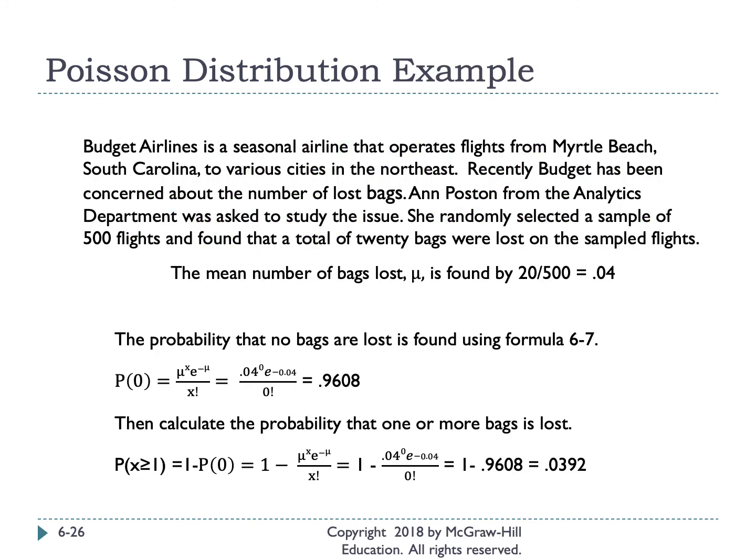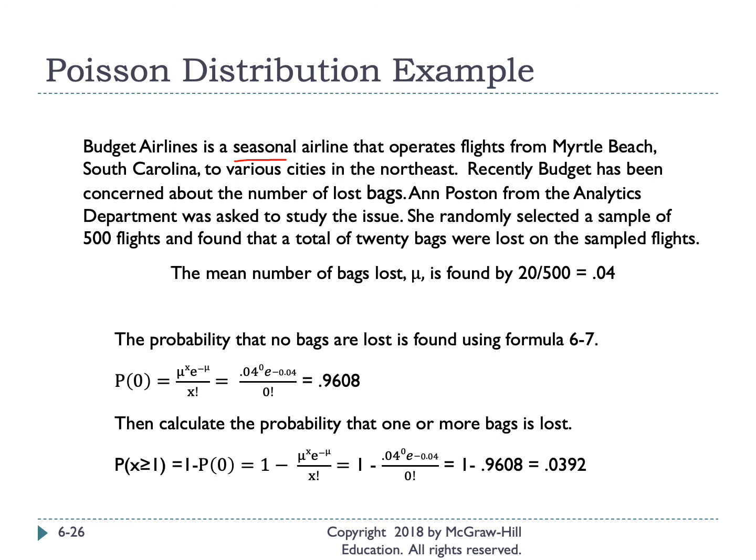This is an example of Poisson distribution. Budget Airlines is a seasonal airline. So seasonal is a keyword to tell you that you have to use Poisson distribution because it is referring to intervals or periods. Okay, so these airlines operate flights from South Carolina to various cities in the Northeast.